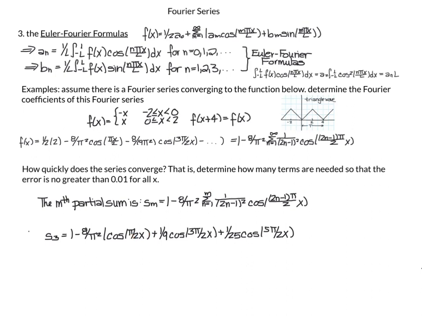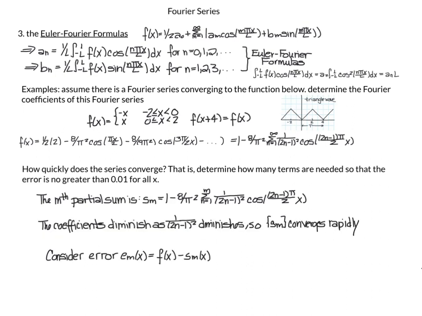When I plug in 2, I get 4 minus 1 is 3 squared, so 1 over 9 cosine of 3 pi over 2 x plus, when I plug in 3, I get 5 squared, so 1 over 25 cosine of 5 pi over 2 x. So this is S3, my third partial sum, and you can graph this and see what it looks like.